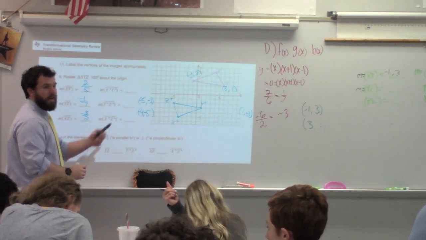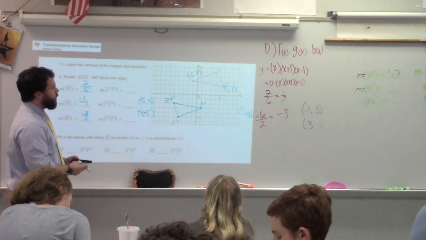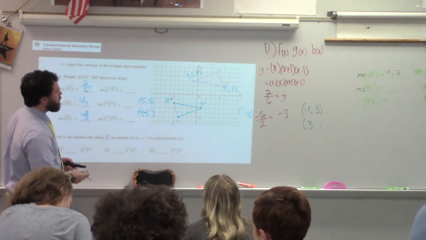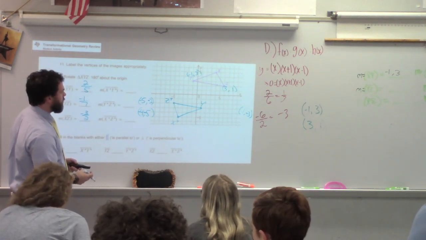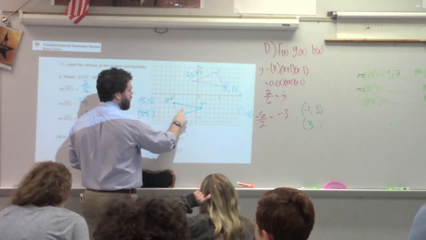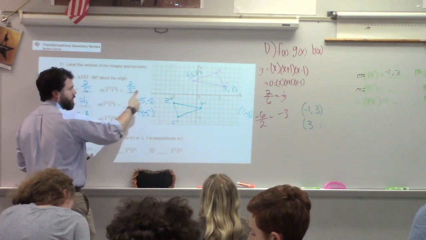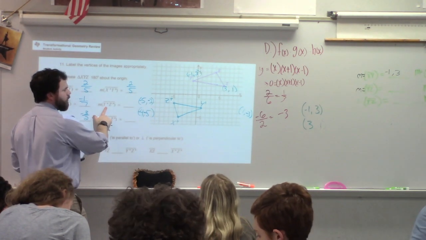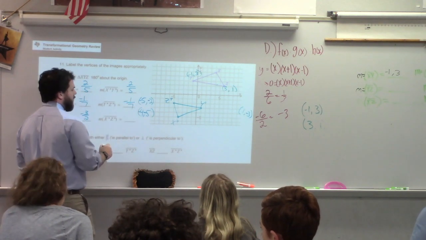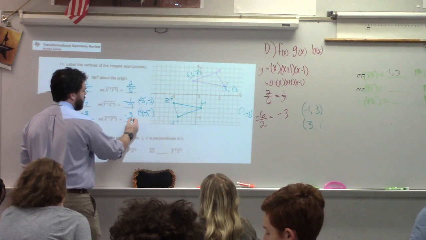So now look at those double primes. X double prime, Y double prime, what's the slope? Oh, you mislabeled something. No, I didn't. That's right. Here. What's that slope? 2 divided by 5. 2 divided by 5 again, right? Up 2 to the right 5. Y double prime, Z double prime: negative 1 divided by 7. Negative 1 divided by 7. And X double prime, Z double prime: negative 3 divided by 2.